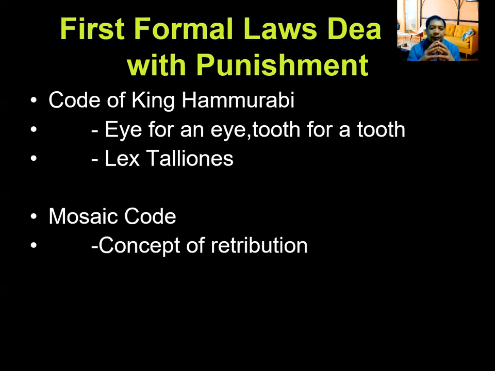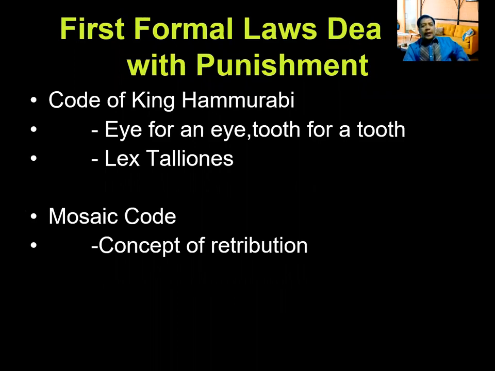Now, that problem with the so-called law of retaliation was somehow corrected when the Code of King Hammurabi came into existence, to prevent the aggravation of the acts, considering the fact that when this process of retaliation would continue, eventually it might result in the extinction of one particular race or culture for that matter.